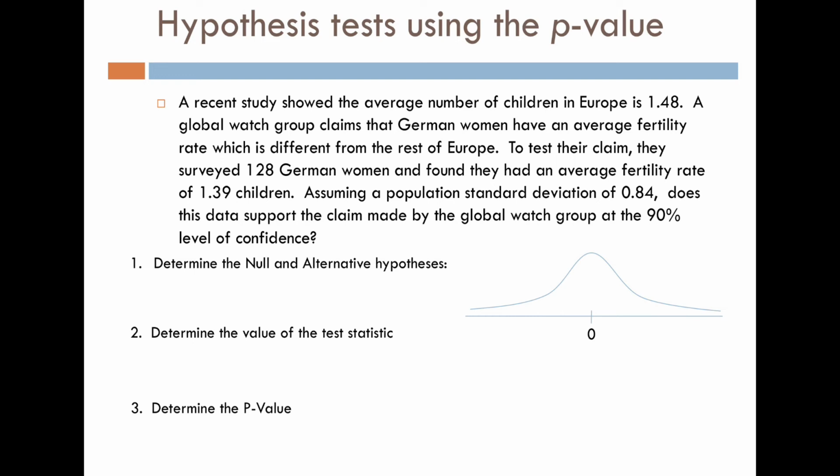Okay, so the question here is about the average fertility rate in Germany. First of all, the number that's being questioned is this average of 1.48 children.